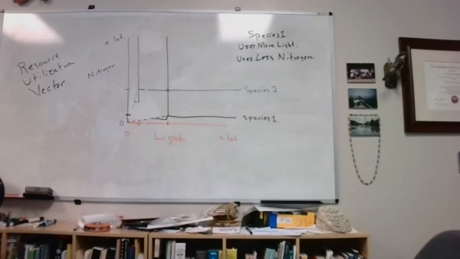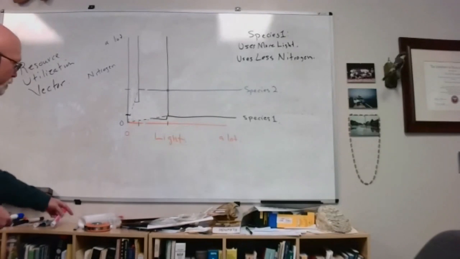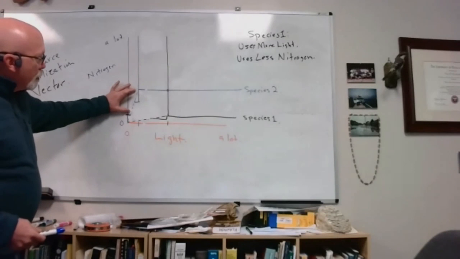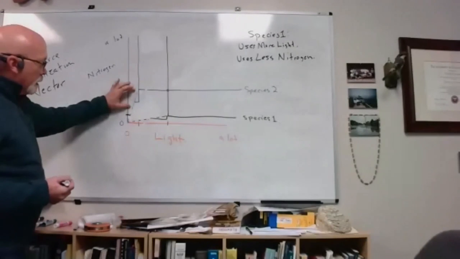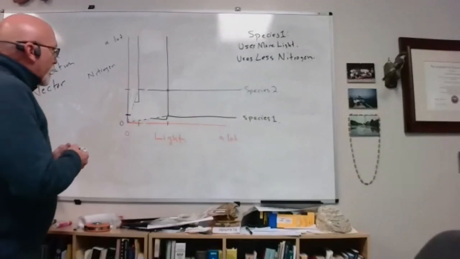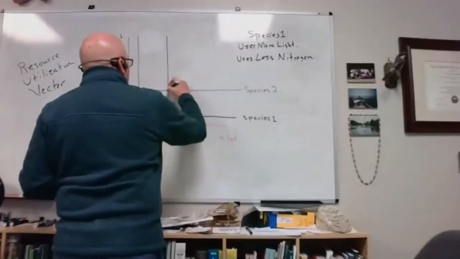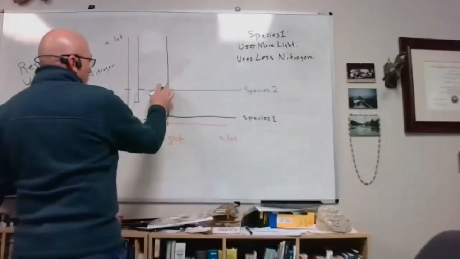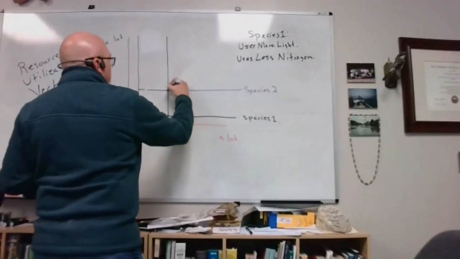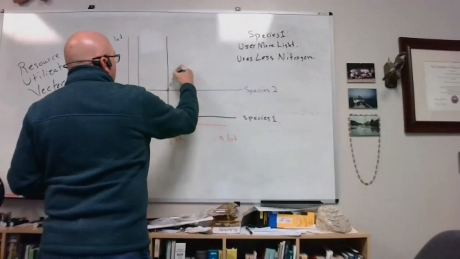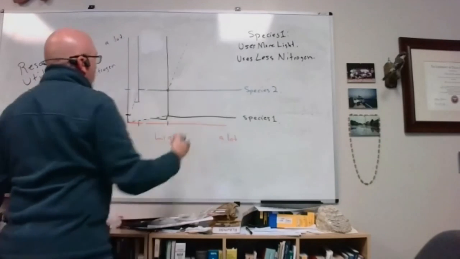But then the question is, under what range of resource supply conditions could these two species coexist? And the simple way we do that is we just transfer this resource utilization vector to this resource point where the two species can coexist. And we basically draw a parallel line.